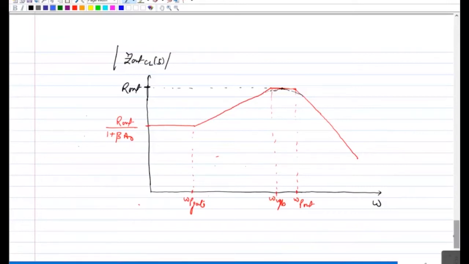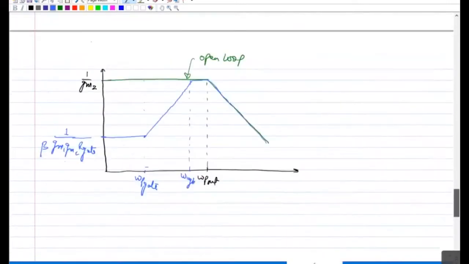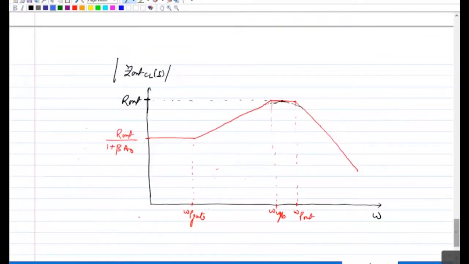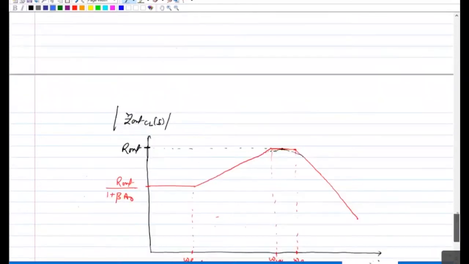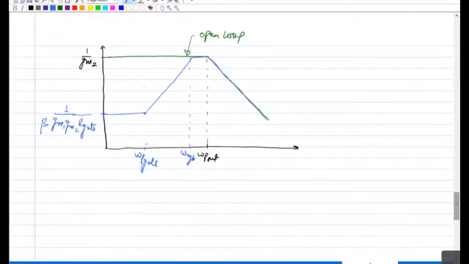Since around UGB your loop will break, after UGB it will follow the open loop curve, and that's why you hit the R out. But here the peak is 1/gm2, and 1/gm2 is much less than R out.